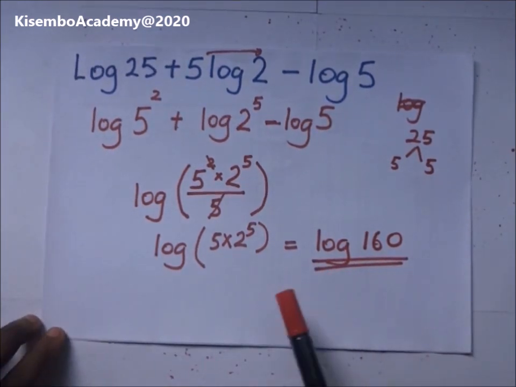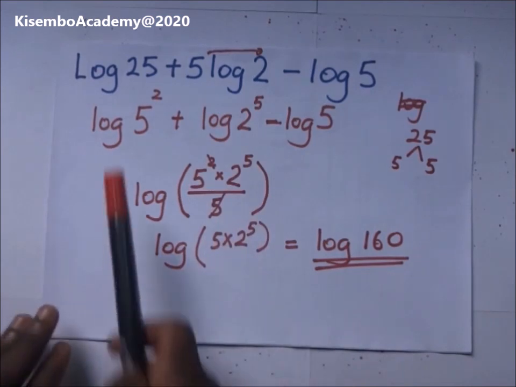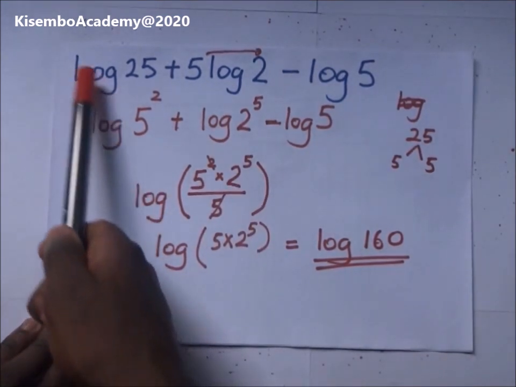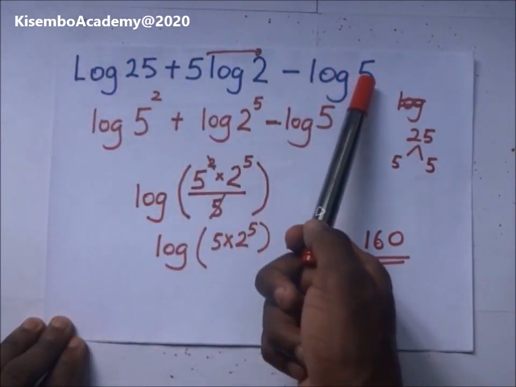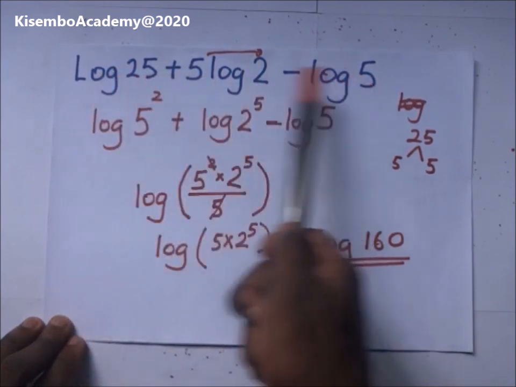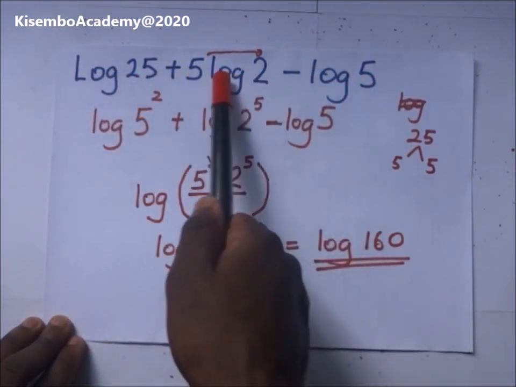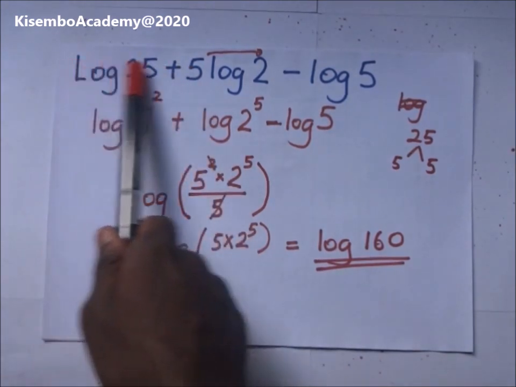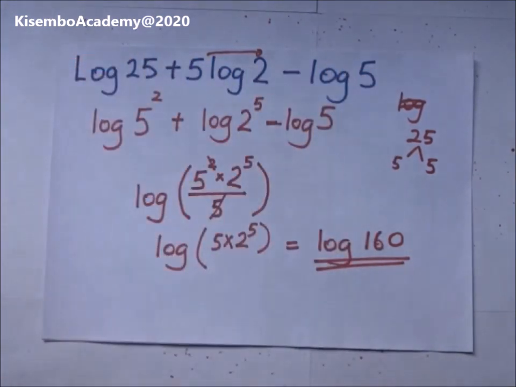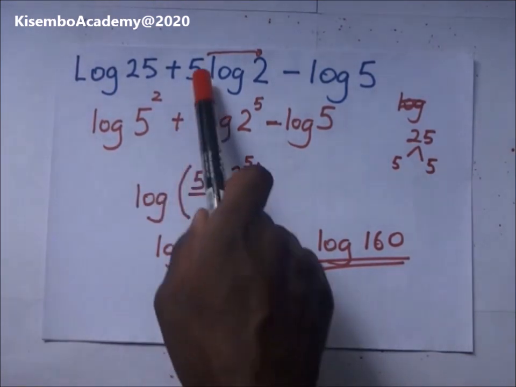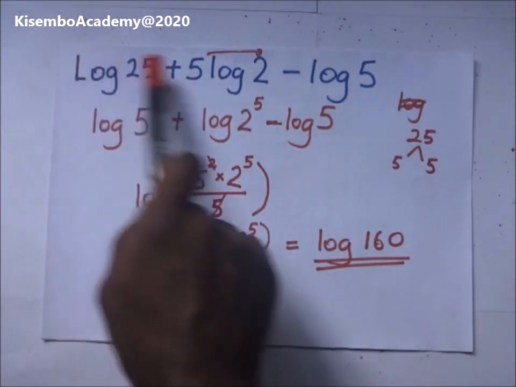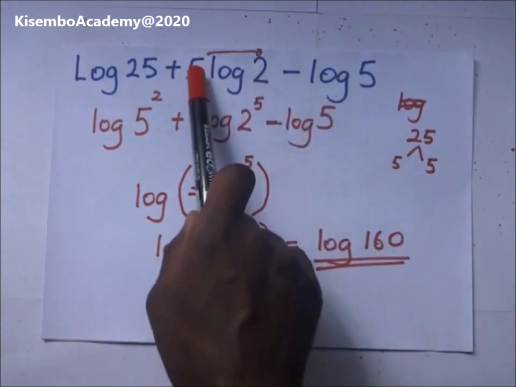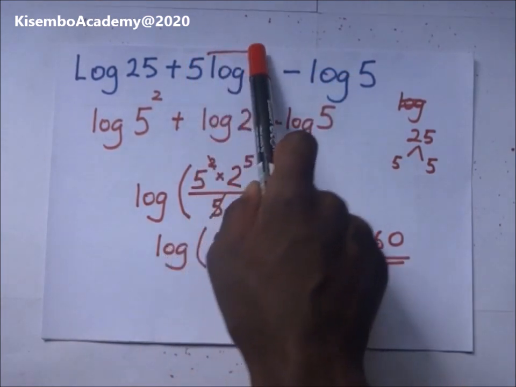So as you realize in this number, when we started it off, we had to first make sure that the coefficients of these logarithms are 1. If you look at all these logs, this is 5 log 2, the coefficient of this is 5. So for us to apply any property of logarithms, either addition or subtraction, we had to make sure that each coefficient of the log here was 1. So that's why we shifted that 5 to come up there.